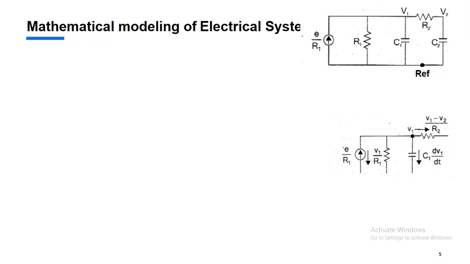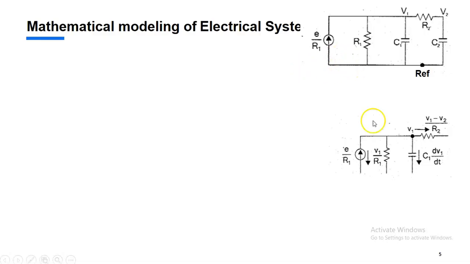Now we are going to consider two nodes whose node voltages are V1 and V2. You can see here. Now we have the circuitry for node 1.